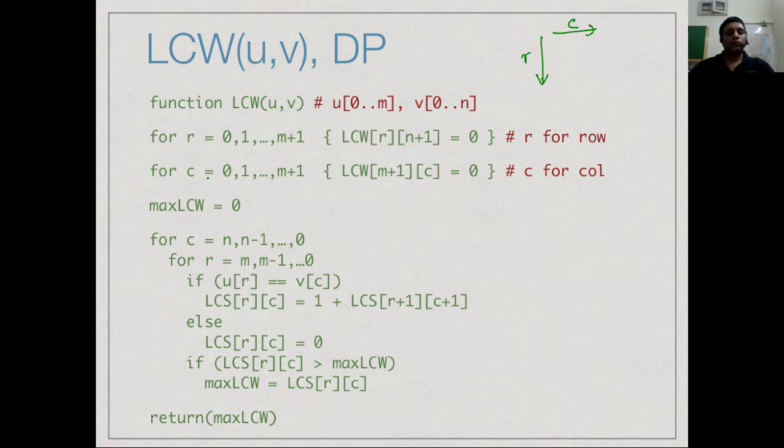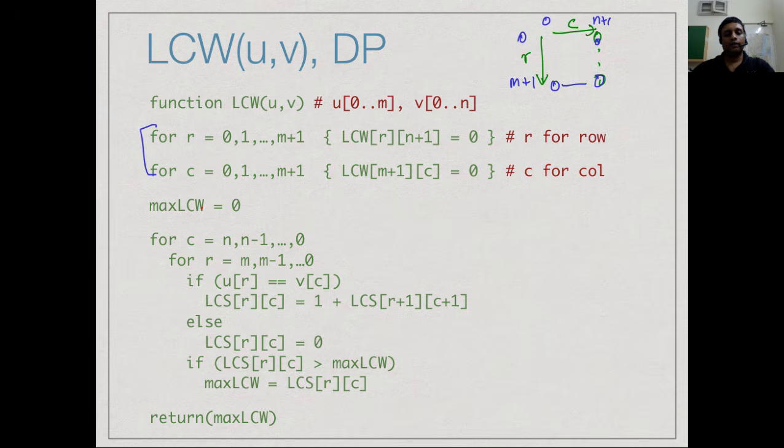Initially, if I am looking at the last column, these are all zeros, and if I am looking at the bottom row, this is empty. Remember that the numbering is from 0 to n plus 1 and from 0 to n plus 1. So if I'm looking at the bottom row, when the row number is n plus 1, every column is 0. So these two lines just populate the zeros.